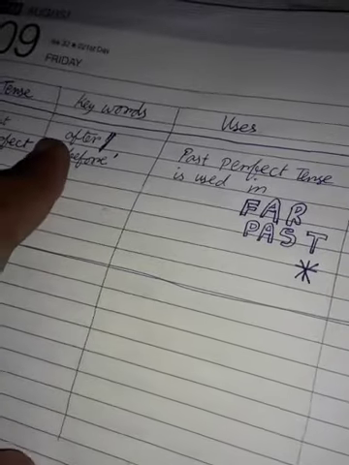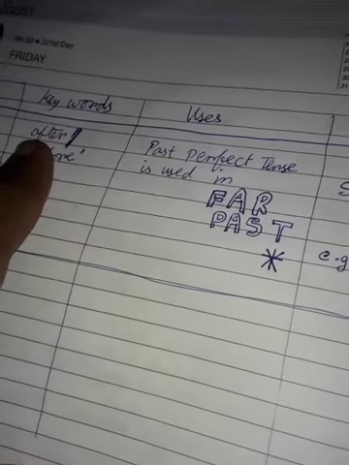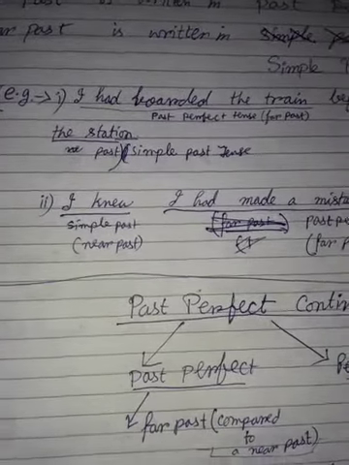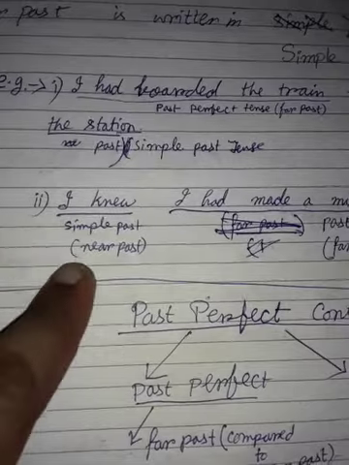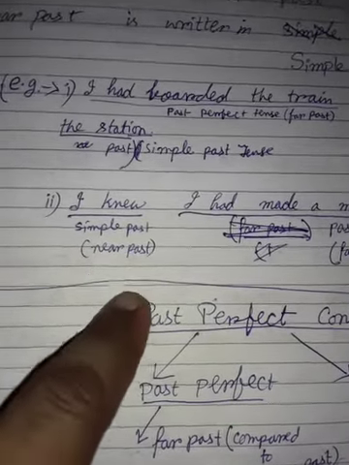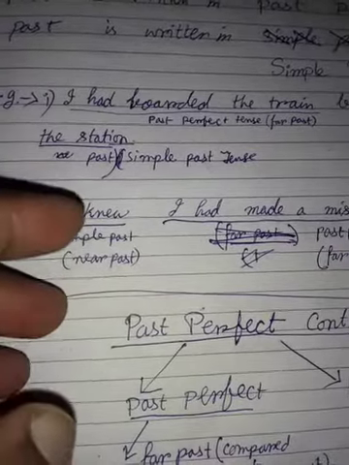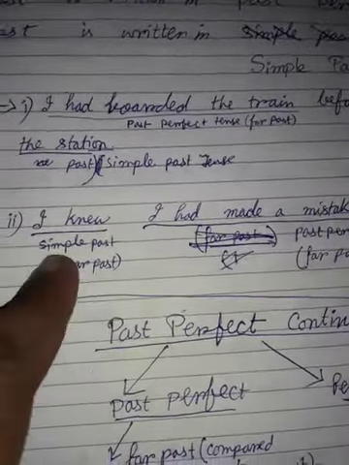Sometimes you have to understand yourself that one event happened after another or before another. You have to understand it yourself by reading the sentence carefully.